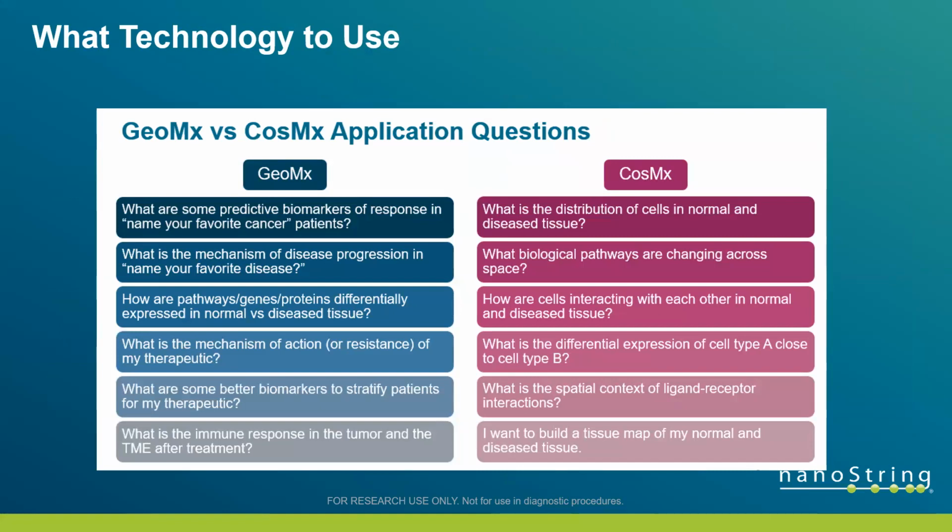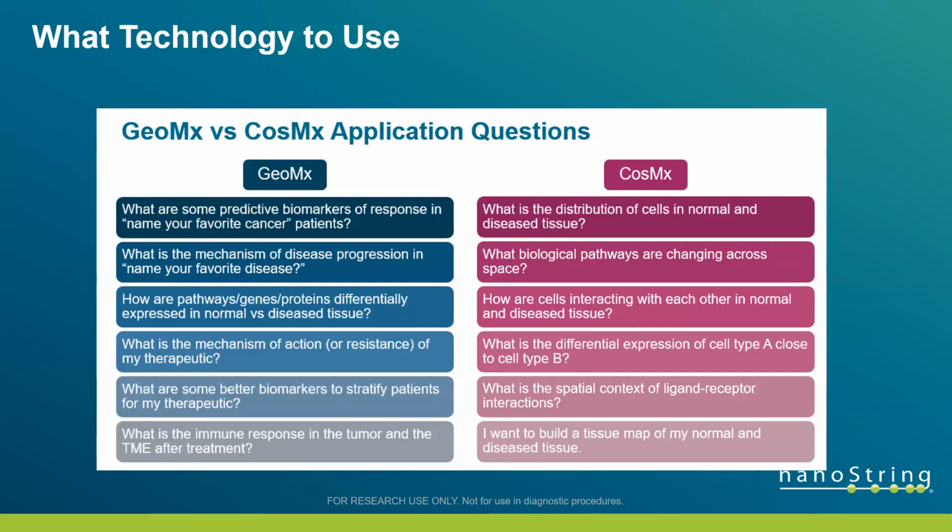So first on the right, as we're thinking in terms of our CosMx application, because this is getting down to single cell resolution, really being able to understand how these cells communicate with one another. And then because of the plex that we have with our CosMx, really getting into understanding how pathways are impacted across different cells as well.